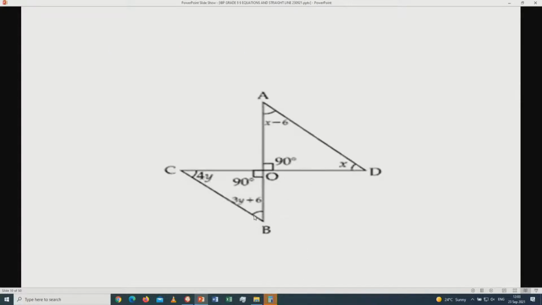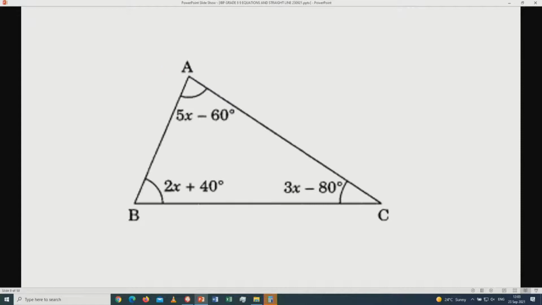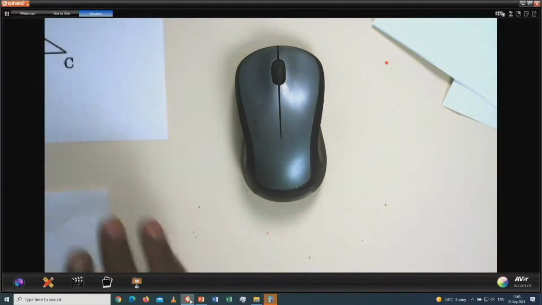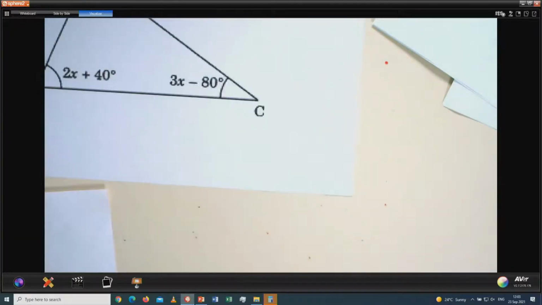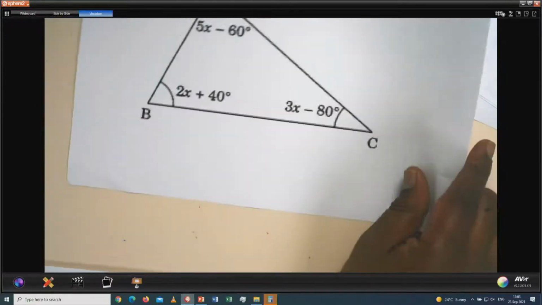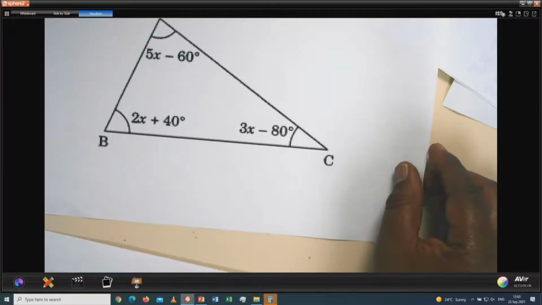Right, let's go back and do our maths. Our maths is: what is the value of x?